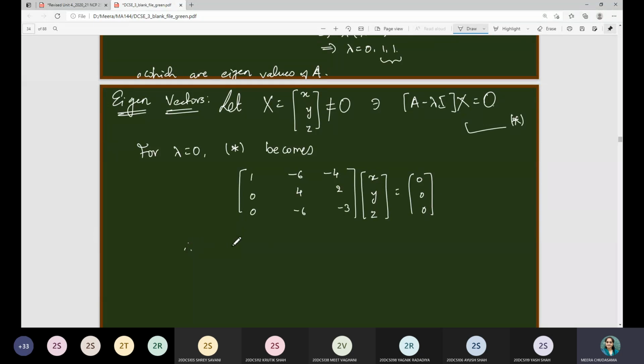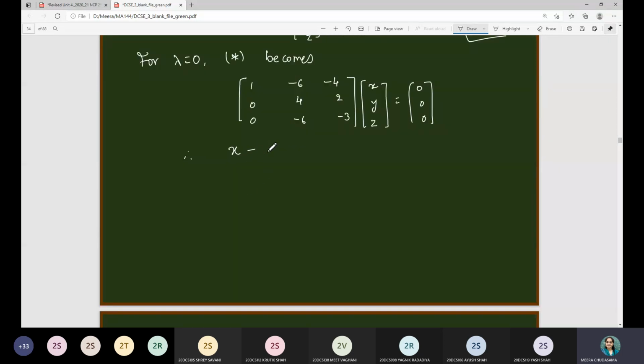So therefore you can write simultaneously all the equations, means in this case x minus 6y minus 4z is equal to 0, then we'll have 4y plus 2z is equal to 0, and the last one is minus 6y minus 3z is equal to 0. So this system is the same as the system x minus 6y minus 4z is equal to 0. If I take 2 common, then this is 2y plus z is equal to 0.